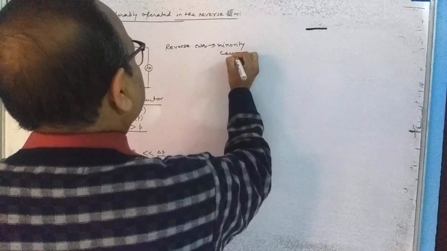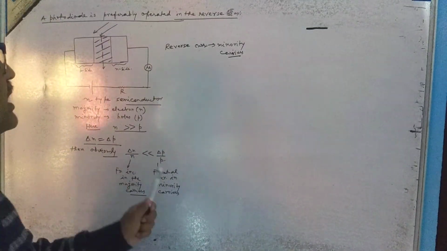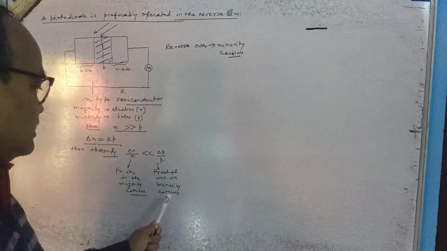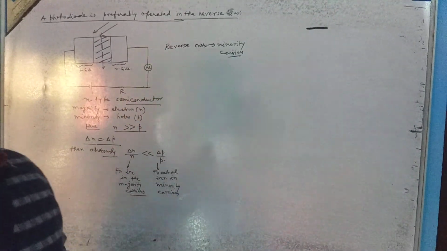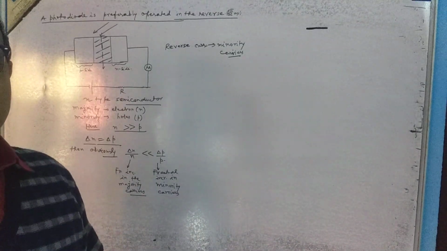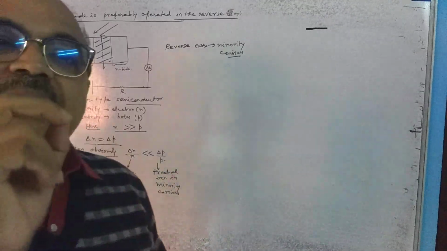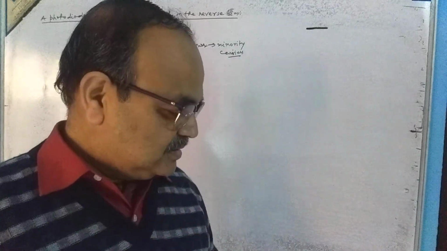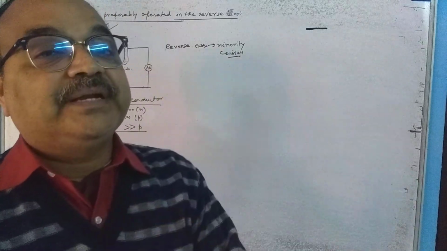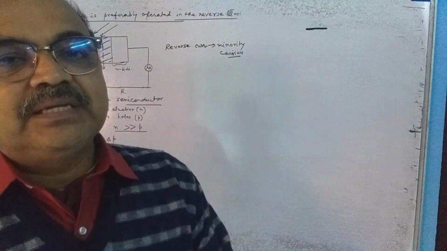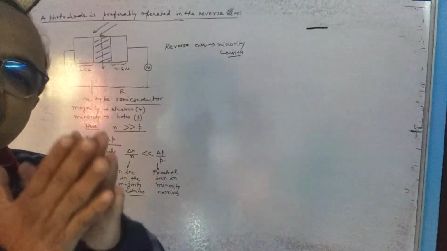So, since reverse current is mainly due to the minority carriers, and here the fractional increase in the minority carrier is much greater, it is dominating. This is why reverse current is observed. And reverse current is here mainly to detect the optical signal. Reverse currents are responsible for detecting the optical signals. So this is the reason why this diode is always operated in reverse bias.